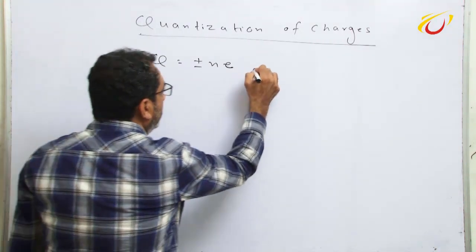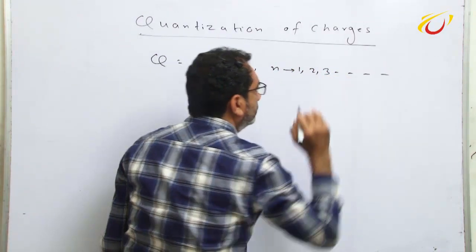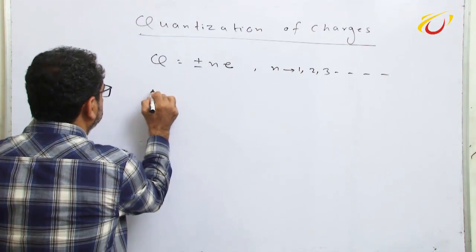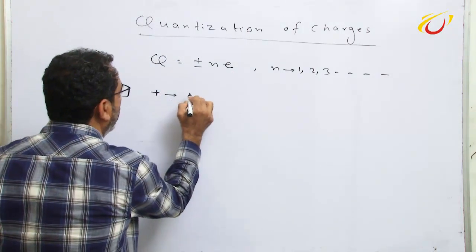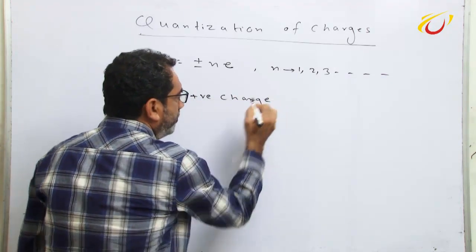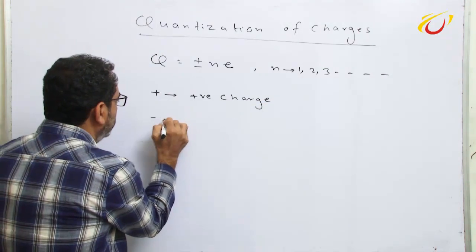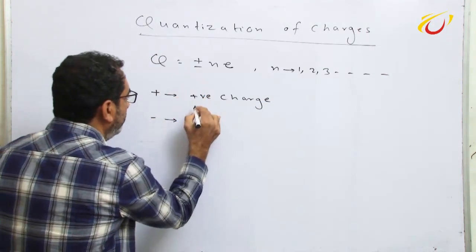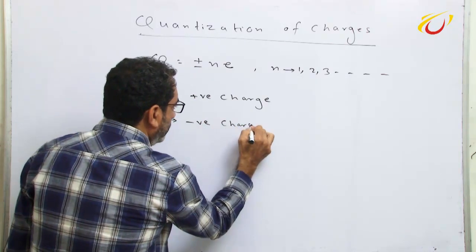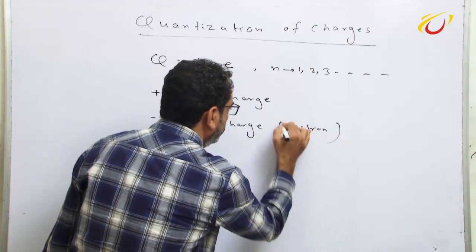Here n will be 1, 2, 3 and so on, integral numbers. Positive sign will indicate positive charge, maybe proton, deuterium, like that. Negative sign will generally denote negative charge, the very famous electron.